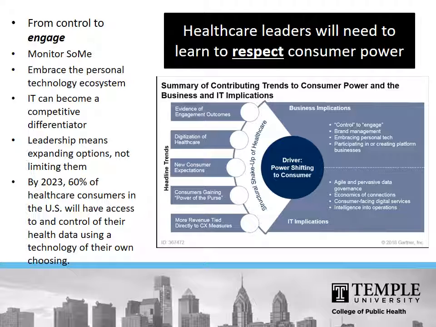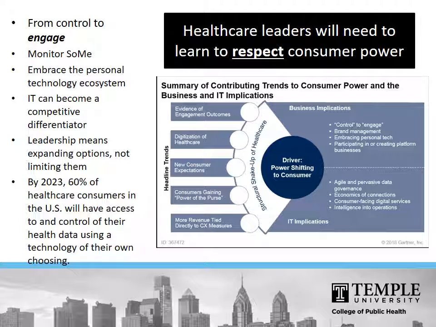We know that the more patients are engaged, the better their health outcomes. Digitization of healthcare, moving from paper to electronic. New consumer expectations, consumers gaining, quote, power of the purse, and more revenue tied directly to these measures. And CX stands for consumer experience.